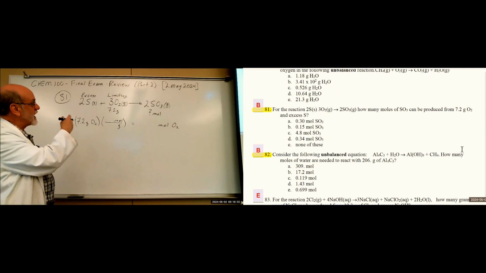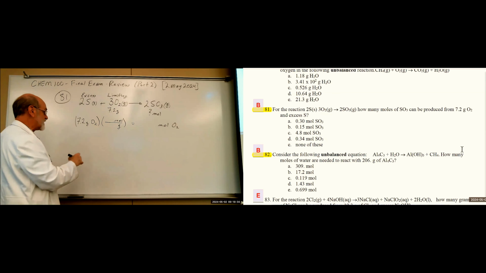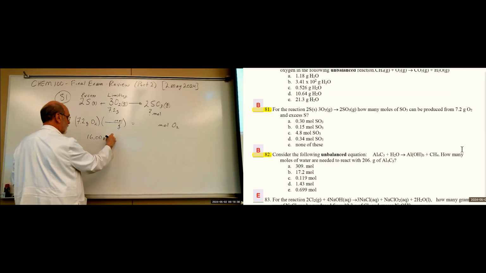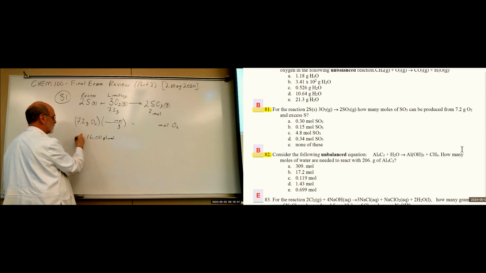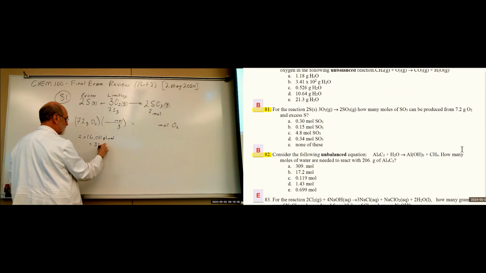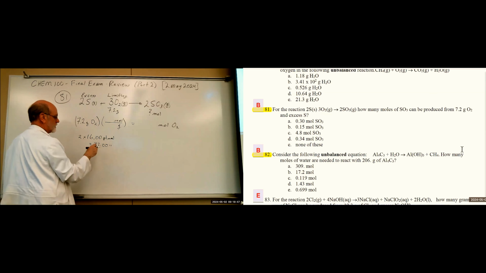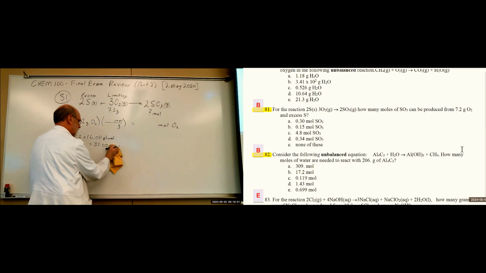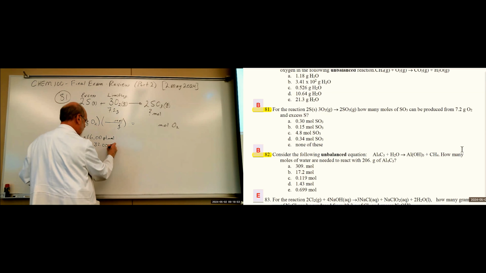So what's the molar mass of O2? Well, each oxygen is 16 grams per mole. But we've got 2 of them per molecule, right? So that's equal to 32 grams per mole. Now, let me write that in here. This says grams per mole.